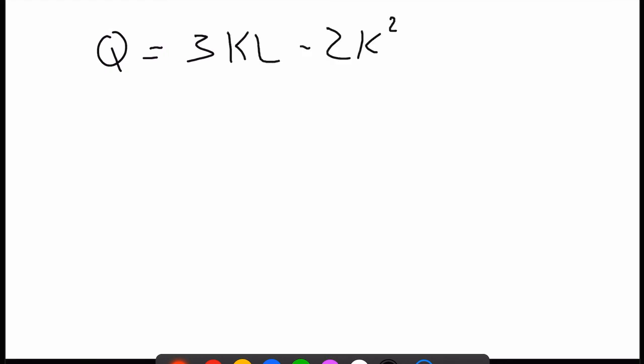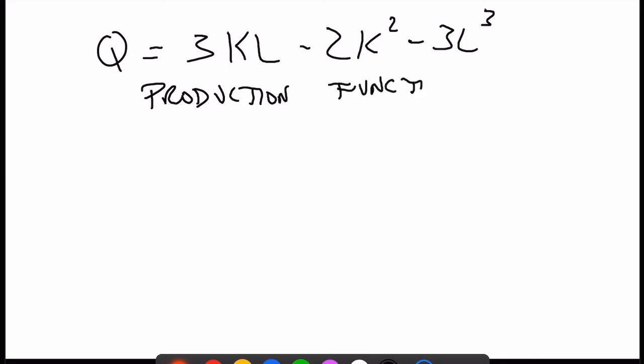If you're saying, give me another example, let's suppose we have this. This is a production function. This is the output of our factory as a function of how much capital and labor we have. Is that exciting? So I could find something that looks like this.